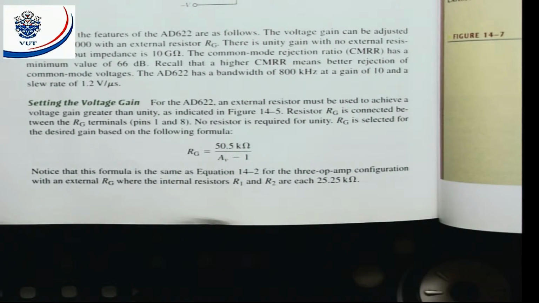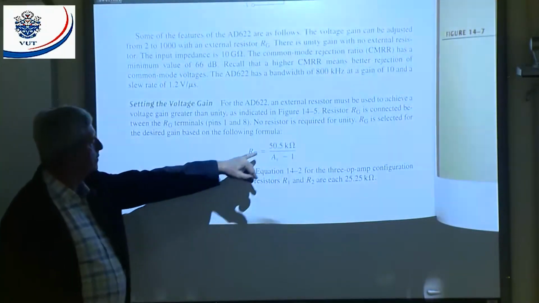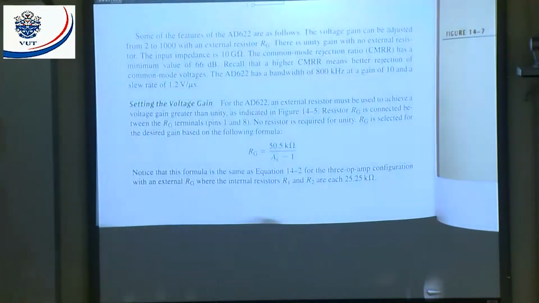That's the basic formula. And here they say RG is equal to 50.5 kilo ohm divided by AV minus 1. That means that 50.5 kilo ohm is a constant value. All right. They say notice that the formula is the same as equation 14.2 for the 3 op amps configuration with the external RG, where the external resistors R1 and R2 are each 25.25 kilo ohm.